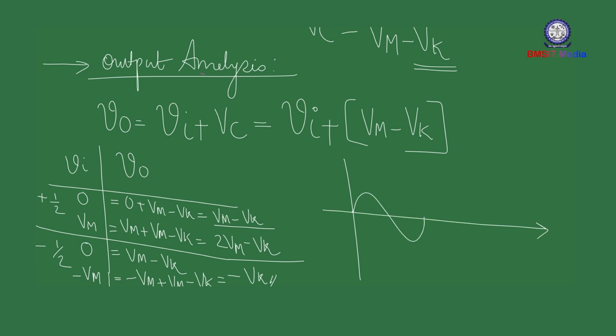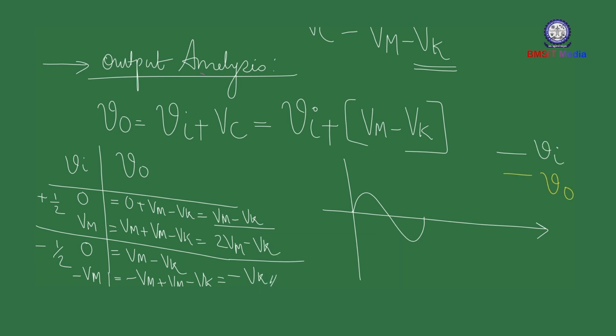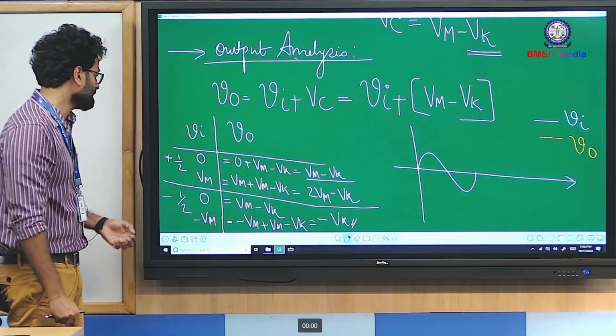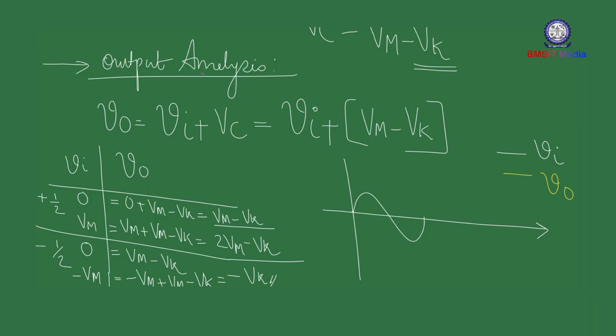Let's say white is your input, and say yellow waveform is your output. Okay. So for practical diode analysis, when your input is 0, output is at Vm minus Vk level. So this is your input. So when your input is 0, output is Vm minus Vk. That means to say somewhere here. Okay.